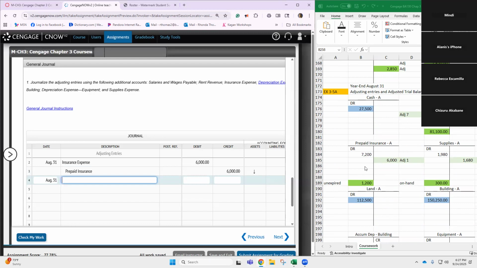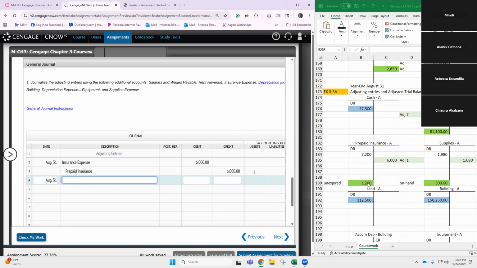So what is your new balance now in prepaid insurance? We put $1,200 in there, didn't we? Yep. So when we report the new balance in prepaid insurance on our adjusted trial balance, we'll use this amount for the balance. Okay, just to kind of get you thinking that way.